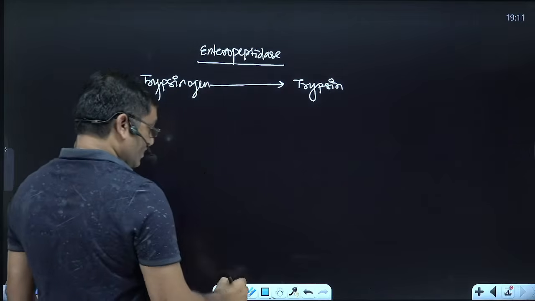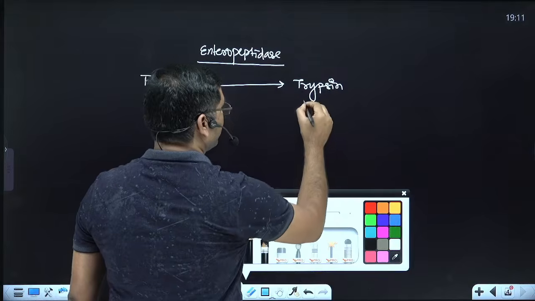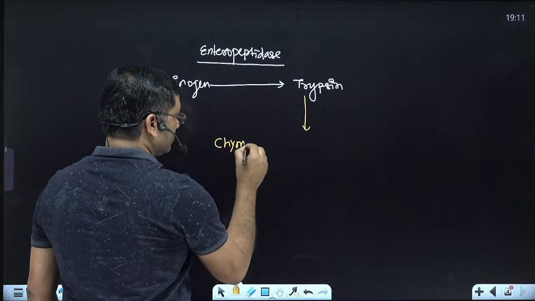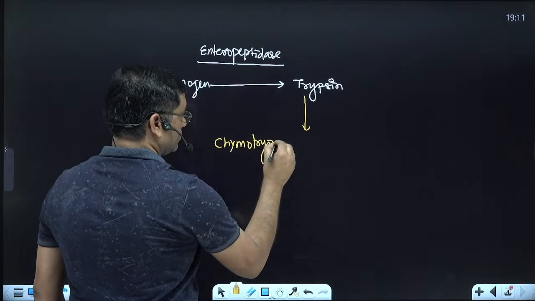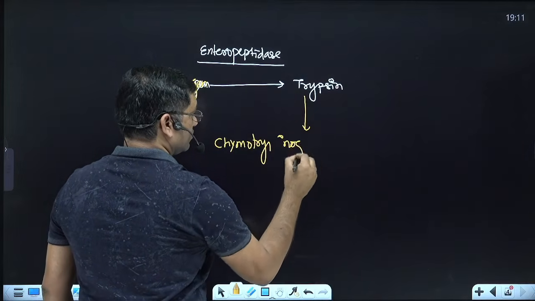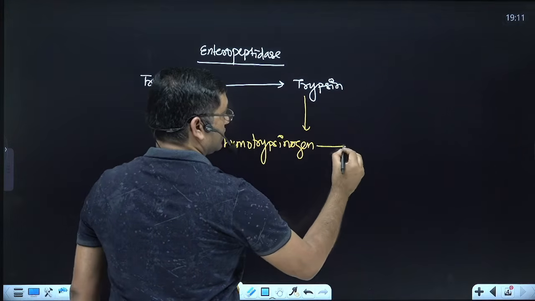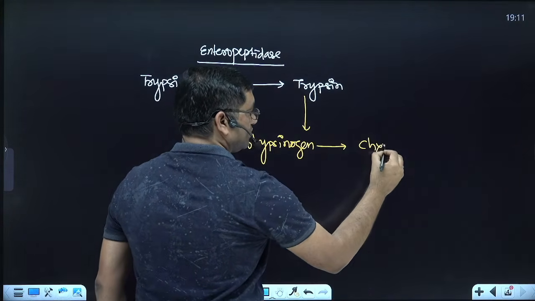Now trypsin catalyzes the conversion of chymotrypsinogen into chymotrypsin.